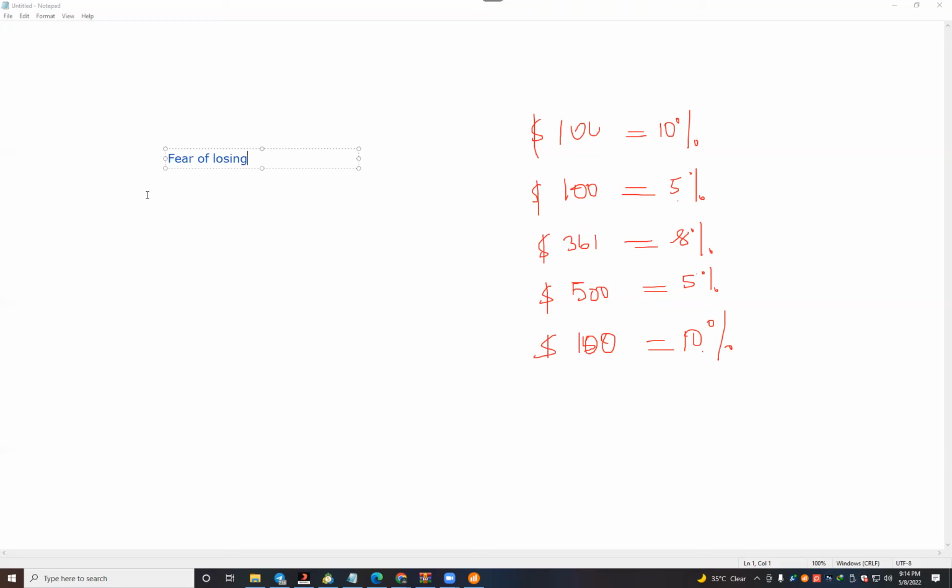But if you have a fear of losing, one thing keep in mind, when you invest this amount, think that the balance showing is only just numbers.